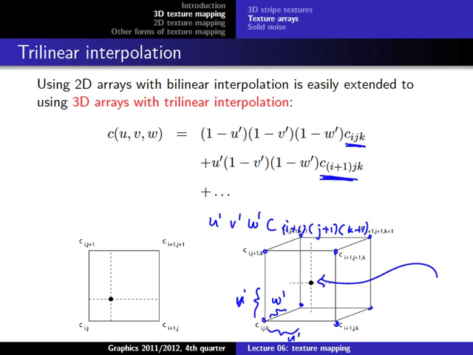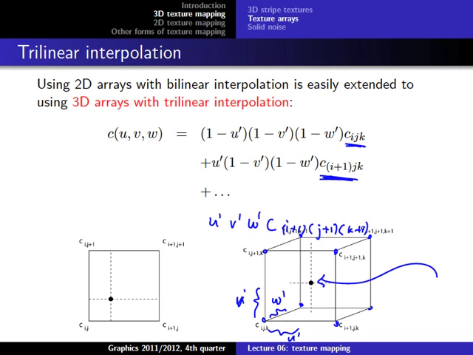So the further we get away from that, the smaller this weight here gets, and therefore the lower the influence of that color on our interpolated color value in the center. So that's pretty straightforward. It's just a lot if you write it down. But the calculation is actually pretty simple and intuitive, I would say.